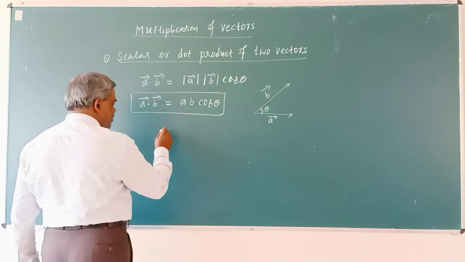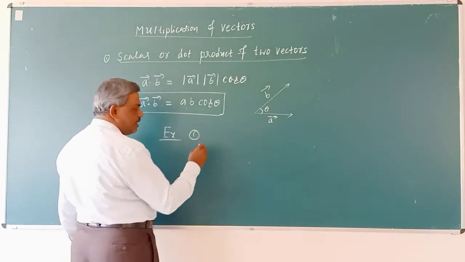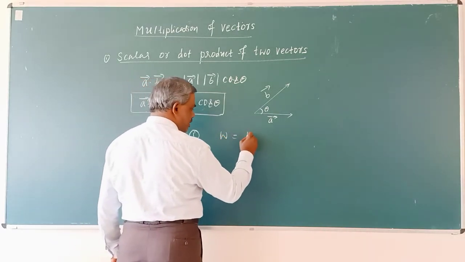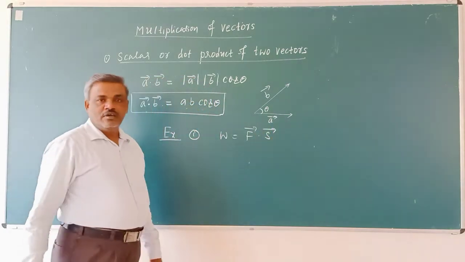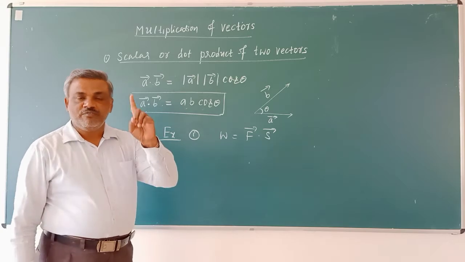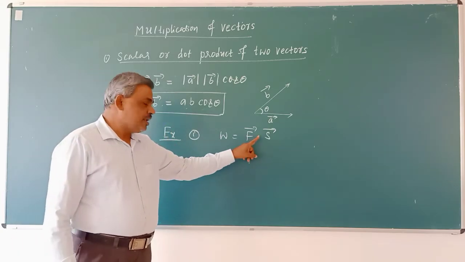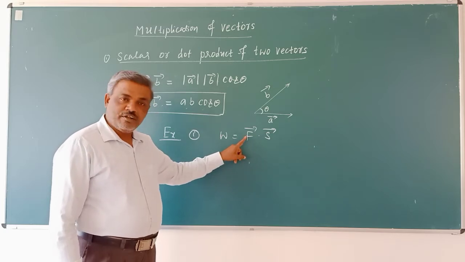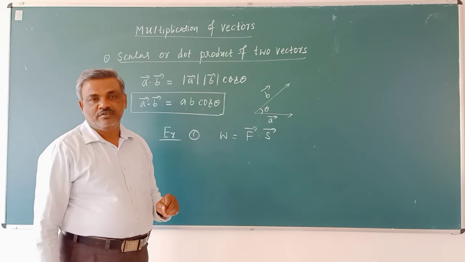The first example: work done, W equals F dot S. Work done equals force into displacement. Work done is defined as the product of the component of the force and the magnitude of the displacement.